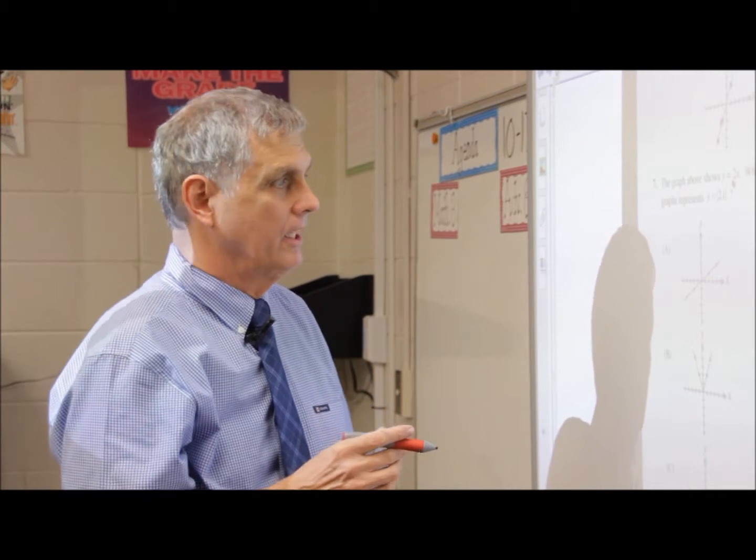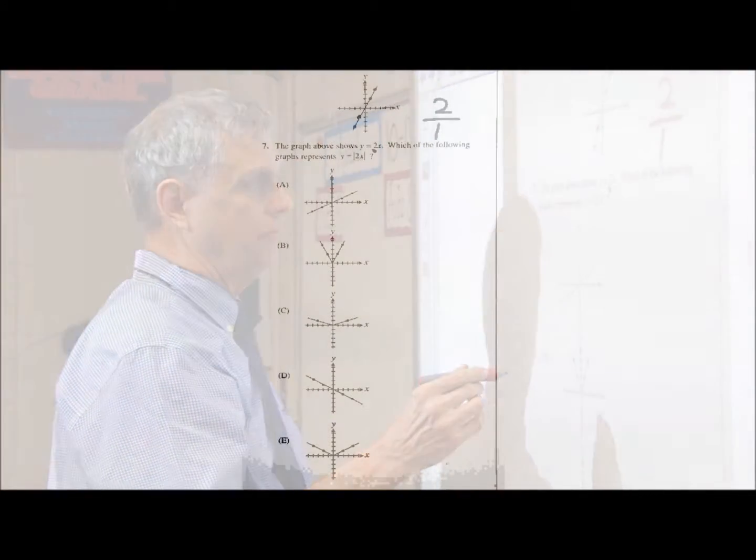Well, what it means is that when you're doing this, instead of just going up 2 over 1, up 2 over 1, since the absolute value is either negative or positive, not only do you have the positive dots that go up this way, you would have it going this way.